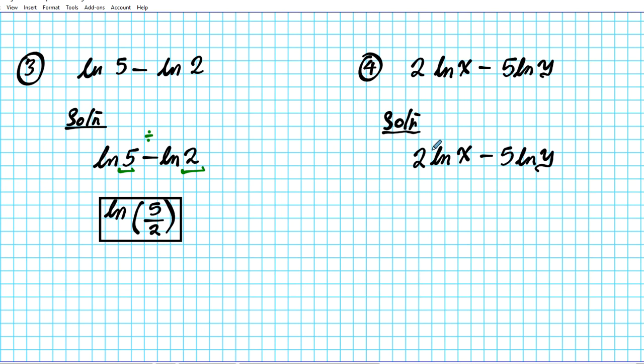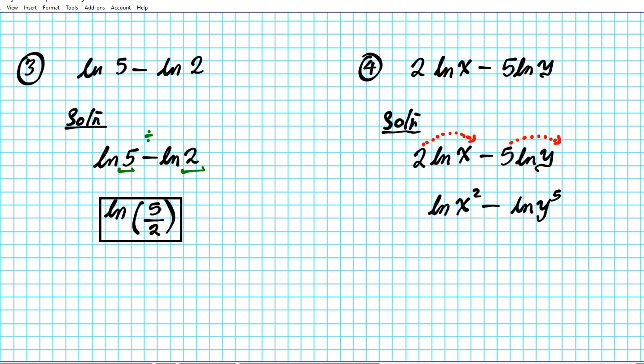So the coefficients can be powered up to become the exponents of your logarithmic arguments using the power property of exponents. So that gives us the natural logarithm of x raised to the second power minus the natural logarithm of y raised to the fifth power.